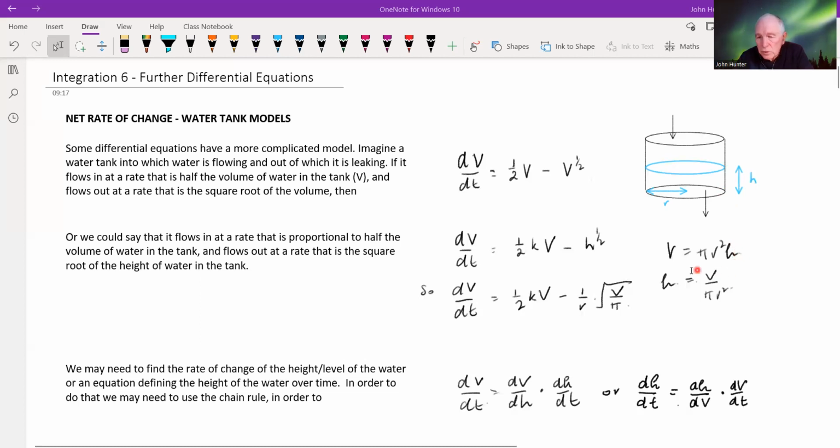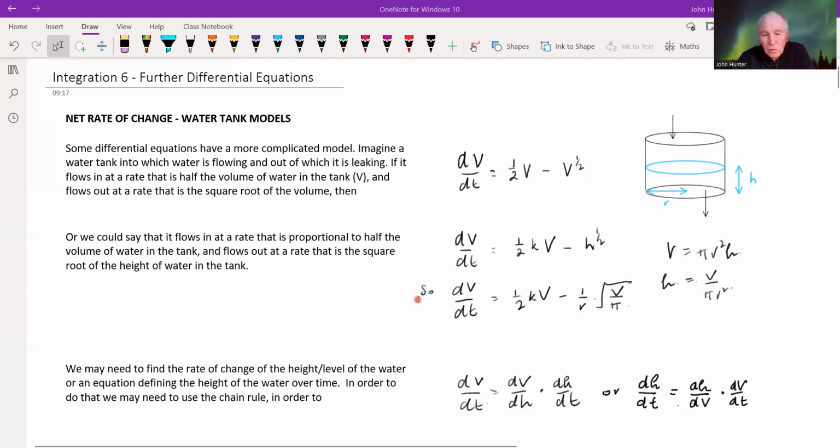If we do this substitution for h, just rearranging, we get dV/dt equals a half kV, what's going in, minus 1 over r times the square root of V over pi. So that's now in relation to two variables, V and t. So we can process this in our usual way.